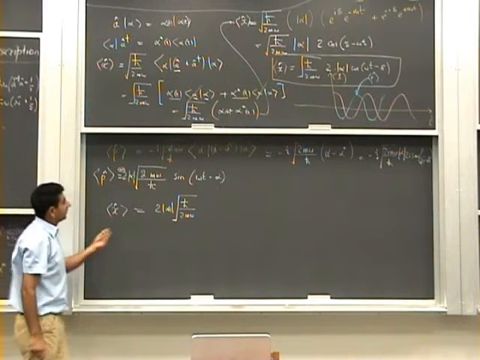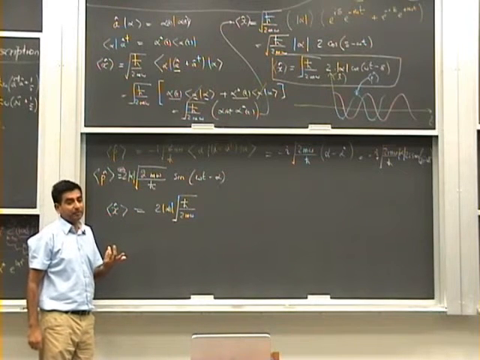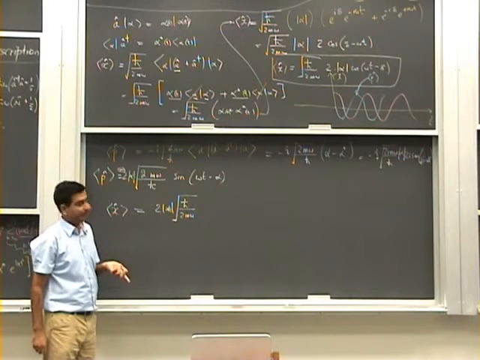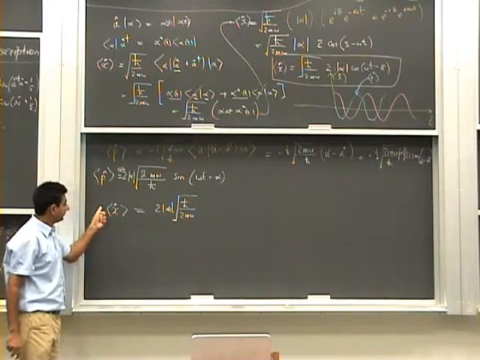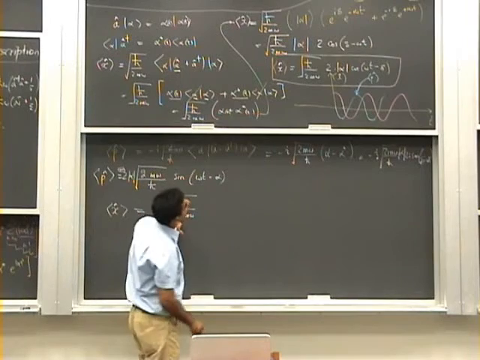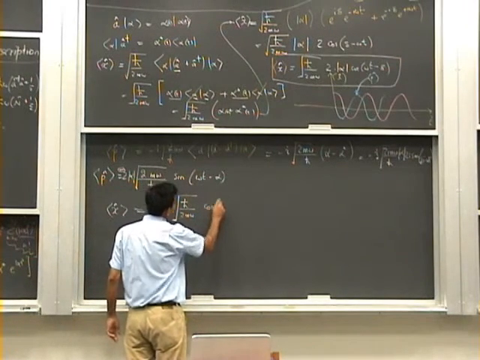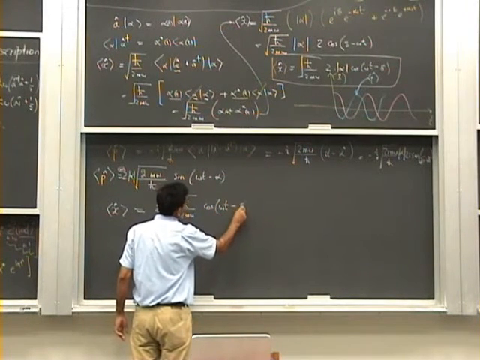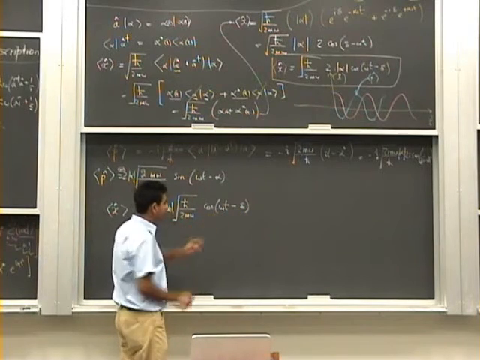The original alpha can indeed be a complex number. That is why we have a delta as well. So the expectation value of the position is 2 times the magnitude of alpha, this factor, times cosine of omega t minus delta. Now what is this omega?